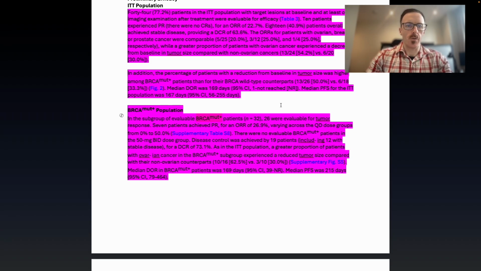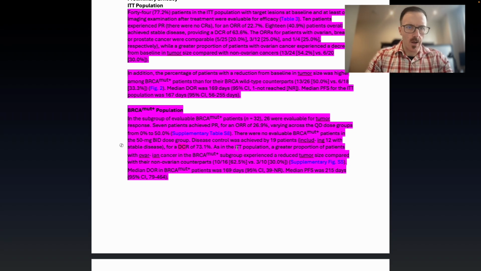So the researchers have performed a separate analysis of these patients only, and what they found in this group, 26 patients in this subgroup had this specific BRCA mutation. 27% showed tumor shrinkage, so that's a partial response, while 73% achieved disease control, including those with stable disease.